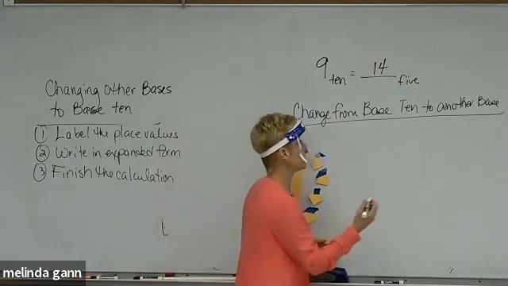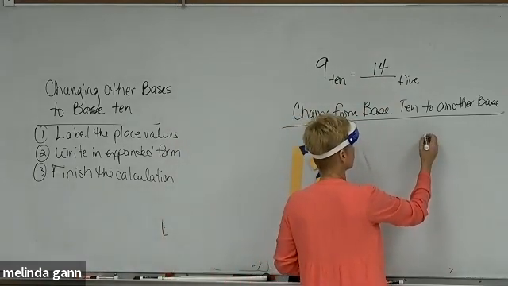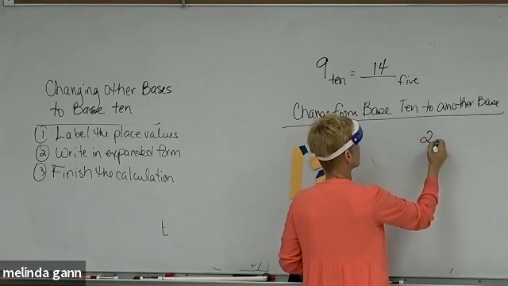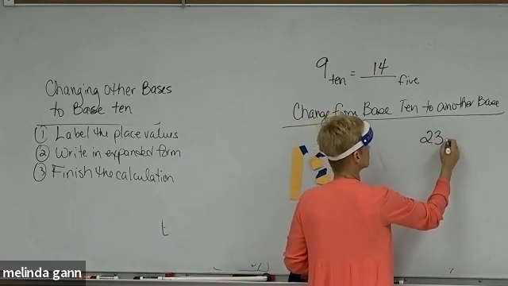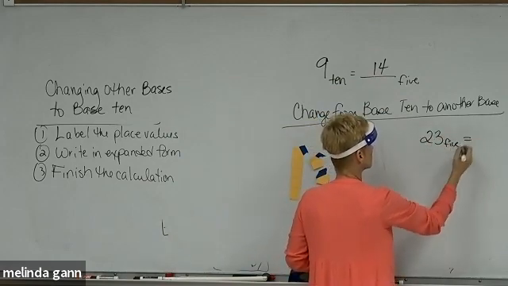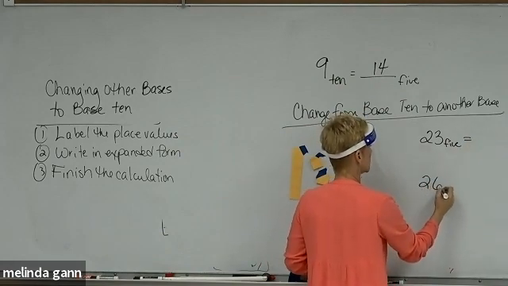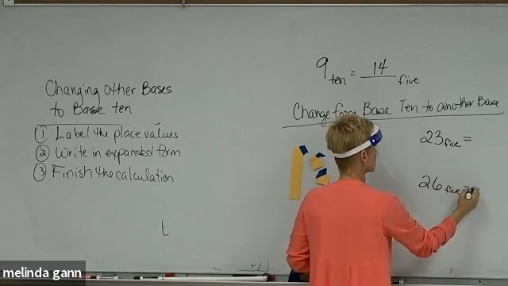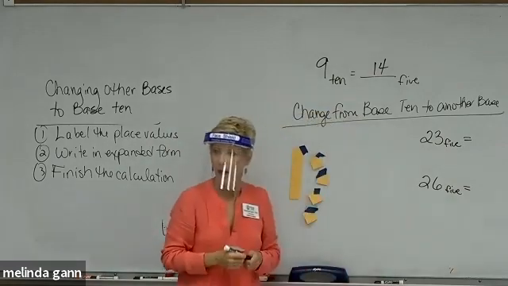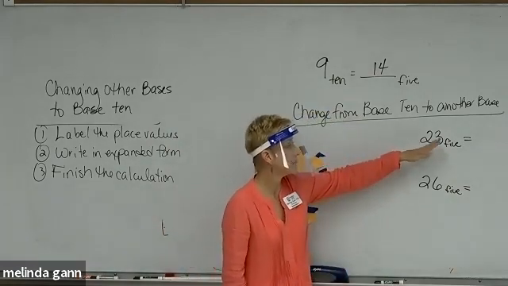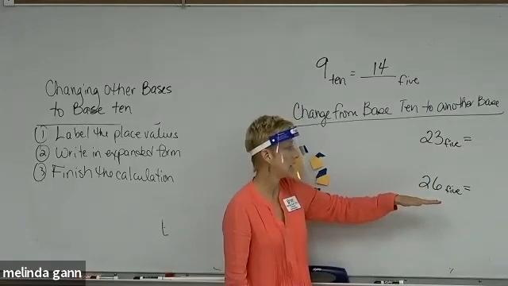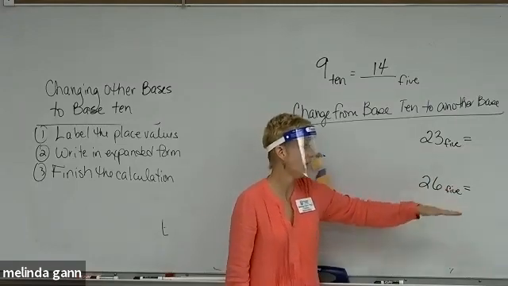All right, do this one for me. Versus this one. How would I make a 23 in base 5? And then how would I make a 26 in base 5?